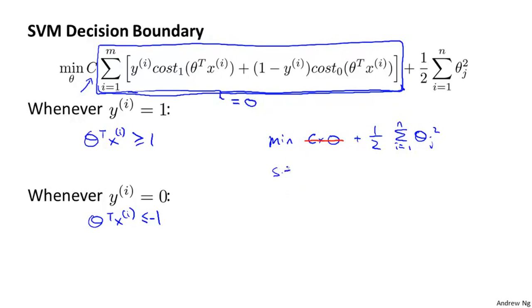And this will be subject to the constraint that theta transpose x(i) is greater than or equal to 1 if y(i) is equal to 1, and theta transpose x(i) is less than or equal to -1 whenever you have a negative example. And it turns out that when you solve this optimization problem, when you minimize this as a function of the parameters theta, you get a very interesting decision boundary.